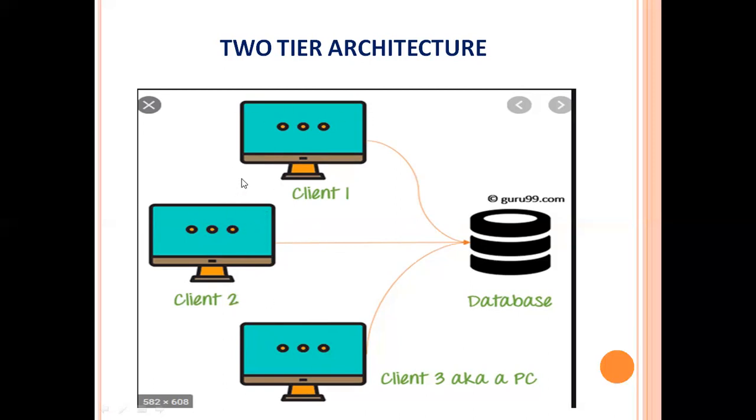Those are authorized clients. Those authorized clients directly connect to the database, and the database server processes the query sent by the clients and gives the response back to the clients, right?